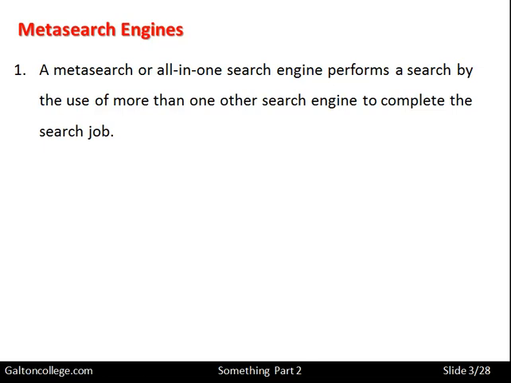So we type our search into the Metasearch engine, and it in turn opens up in the background other search engines and asks them to go away and find the information. So a Metasearch engine is using other search engines to find out what we're looking for.